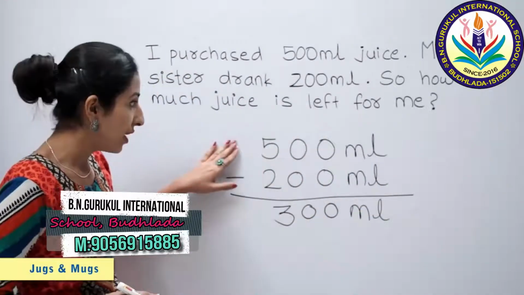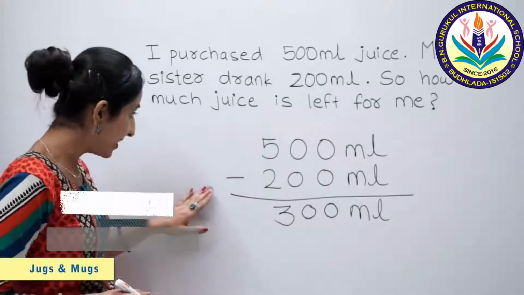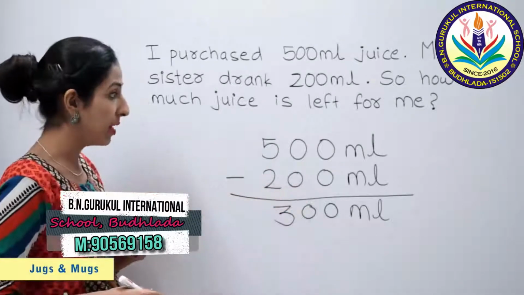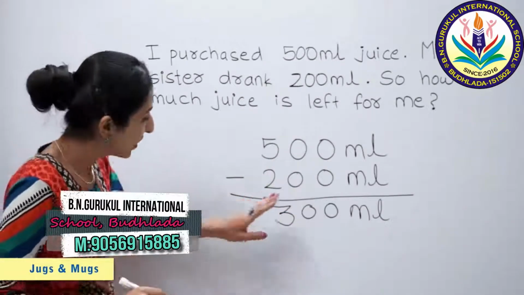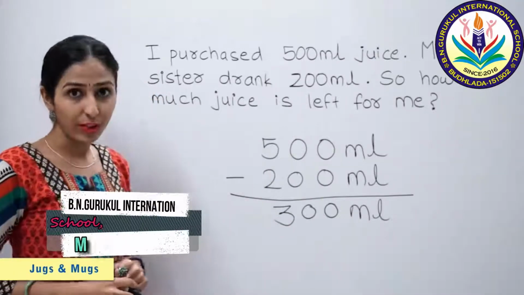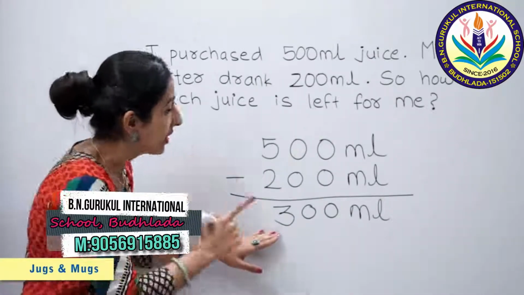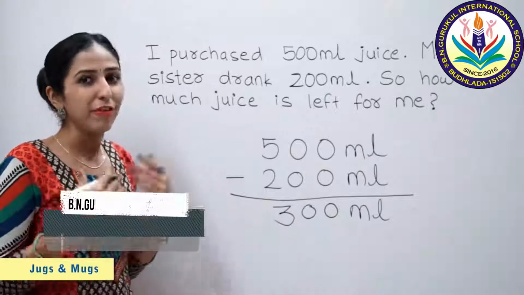So, 500 ml minus 200 ml is equal to 300 ml. So, there is 300 ml juice left for me.